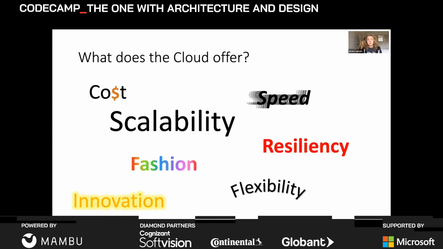There's also speed. Being able to, as I said, rapidly get those resources up and running is a fantastic quality that the cloud offers. Resiliency is another one. Being able to say, if one data center goes down, being able to switch perhaps the geo of the data center you're running your application on, or even just the server within the same data center, enables you to keep your application up and running, regardless of whether a particular server goes down or whether a particular geo is blocked, for example.